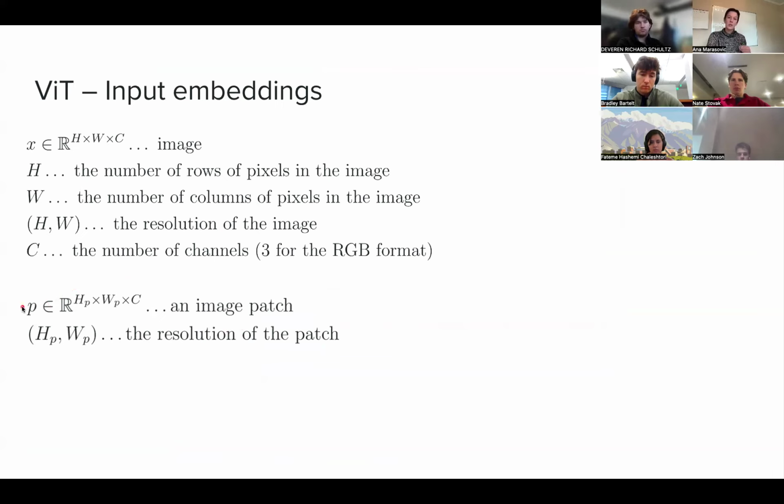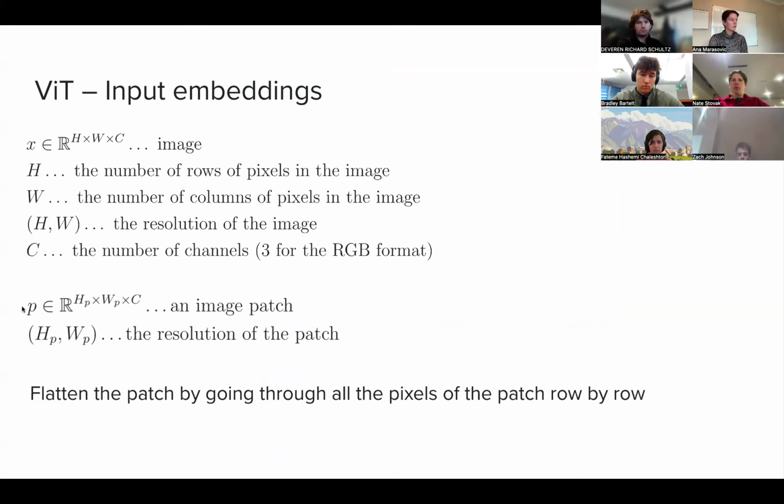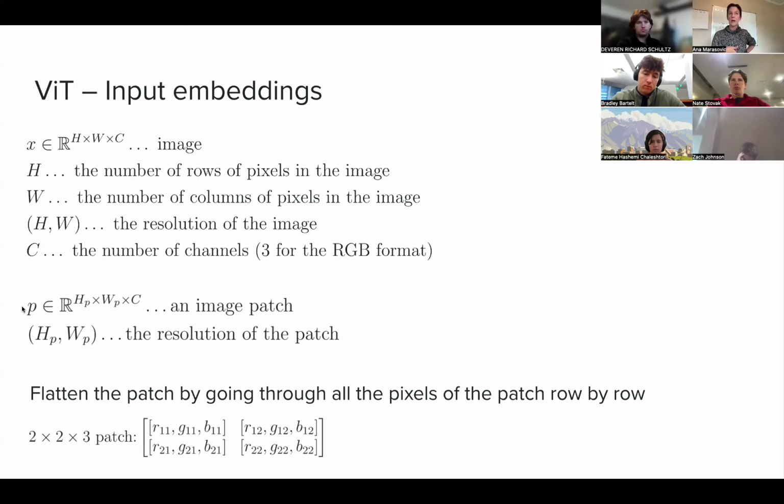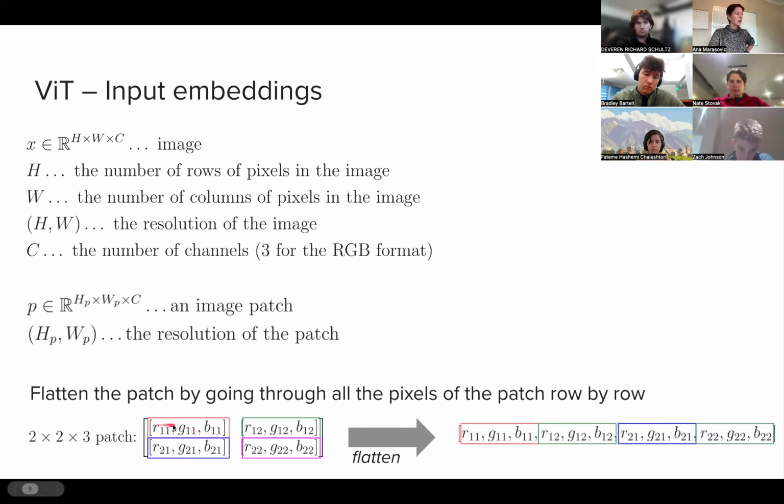Now, the next step is to do that flattening of each one of the little patches of the image. And we are going to do that by going through all the pixels of the patch row by row. So for example, if you had a patch of the shape 2 by 2 by 3, like here, then we would flatten it into a vector by taking the rows and then again rows.